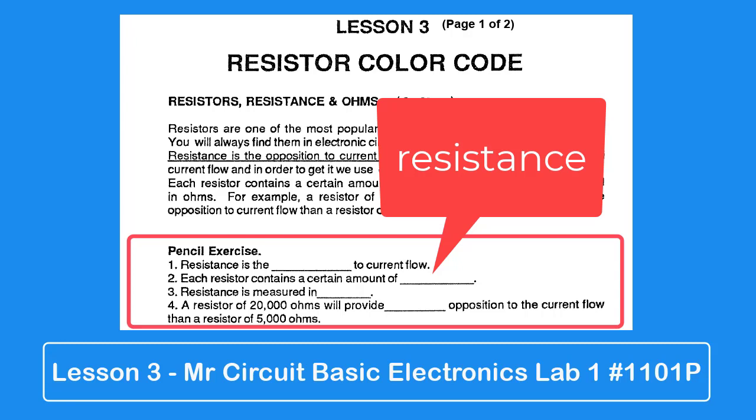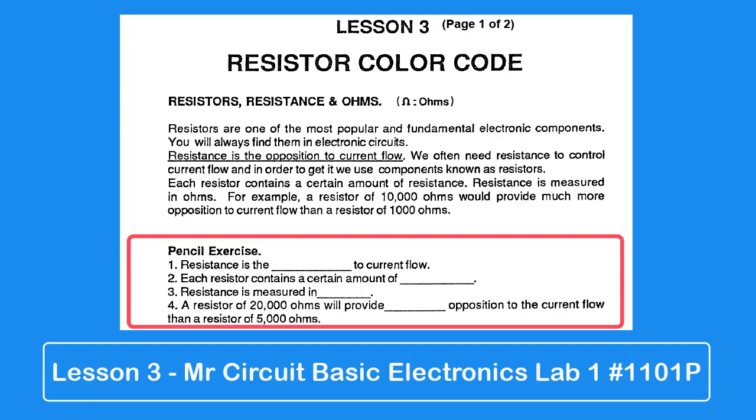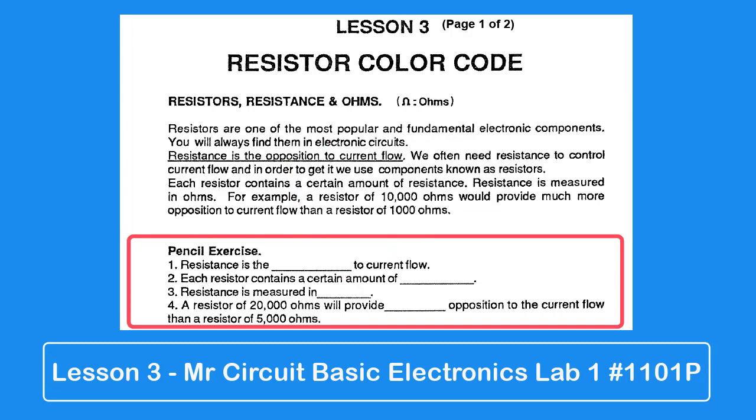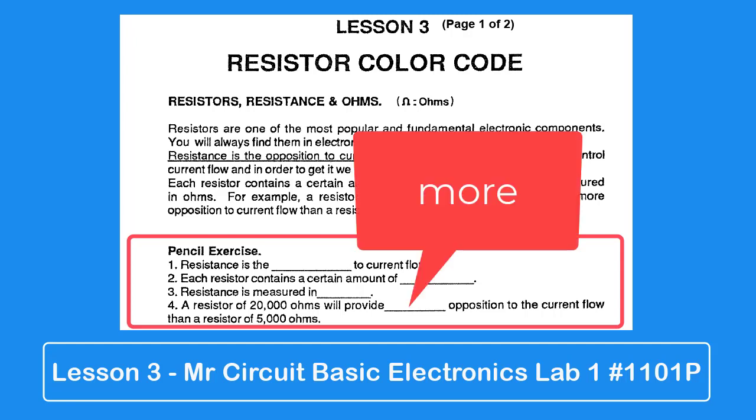Number 3. Resistance is measured in ohms. OHMS. Number 4. A resistor of 20,000 ohms will provide more opposition to the current flow than a resistor of 5,000 ohms.